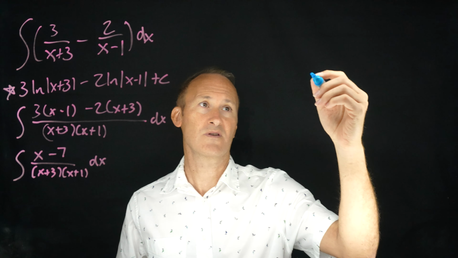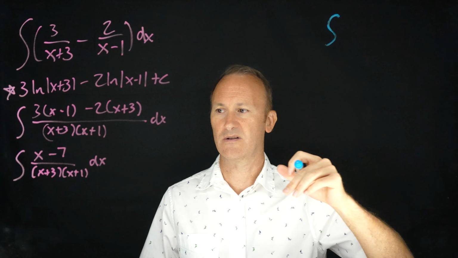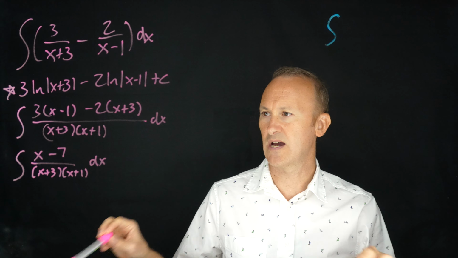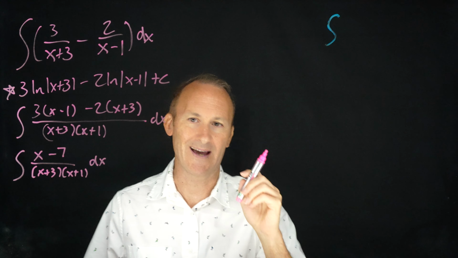So what if we want to integrate the following? We'll do something kind of similar to this. One other piece I should mention here is that the denominator can also be multiplied out.